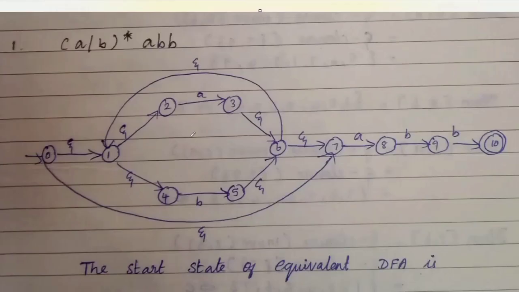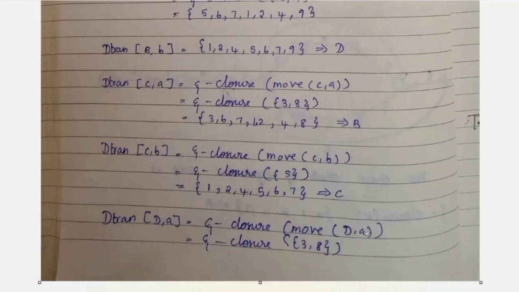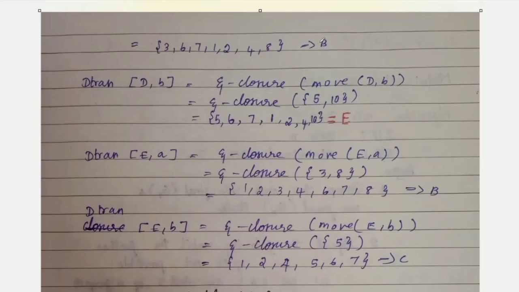See the transition diagram: 2 on a leads to 3, 7 on a leads to 8. Write move(D, a) is going to be {3, 8}. Then compute epsilon closure of {3, 8}. We found {3, 8} already: {3, 6, 7, 1, 2, 4, 8} is going to be capital B. So this is B itself.